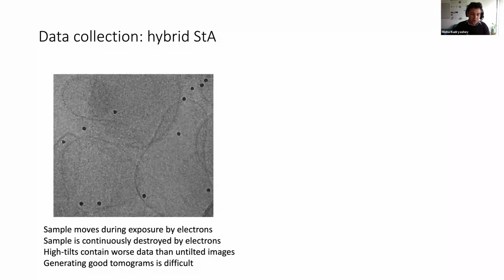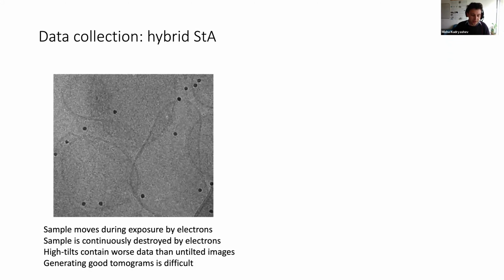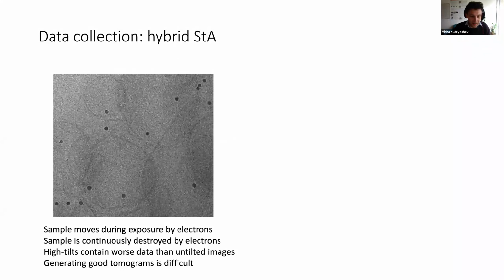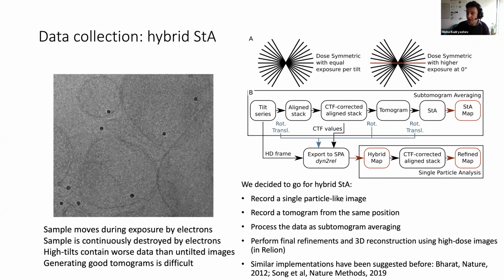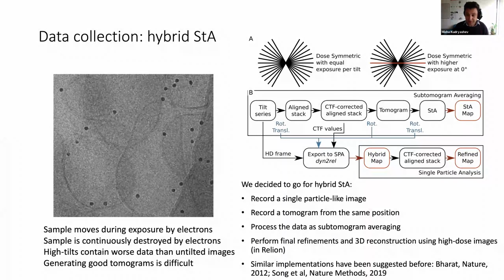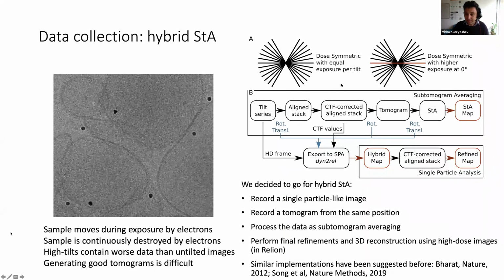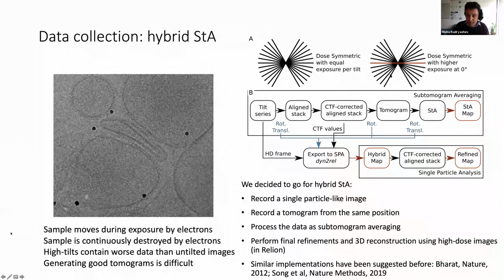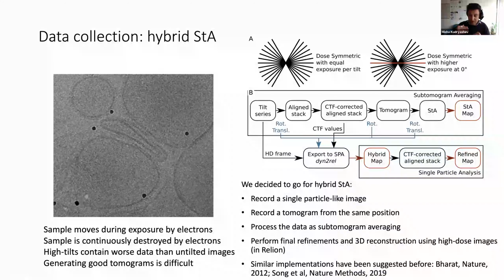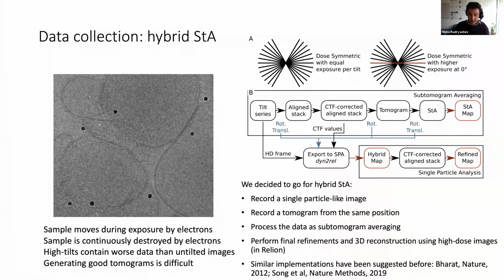So we just decided to use high exposure during the recording of the untilted image, then incorporate this image into the tomogram. And as a result, we would be able to perform the reconstruction only from the untilted image eventually, with the potential to refine the particle that is in the image against the 3D structures.